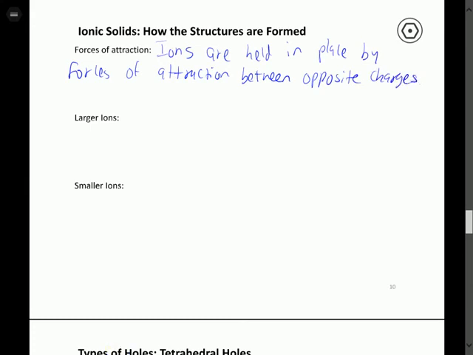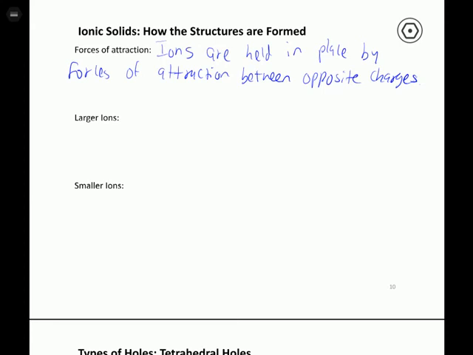When we first introduced this in chapter 3, I think it was, we thought of it in the context of 2 ions, the force of attraction between them depends on the charge and the radius. But what we want to now start thinking about is that these attractions exist in all directions. So it's a 3-dimensional arrangement of all these ions. They're attracted to each other in all directions.